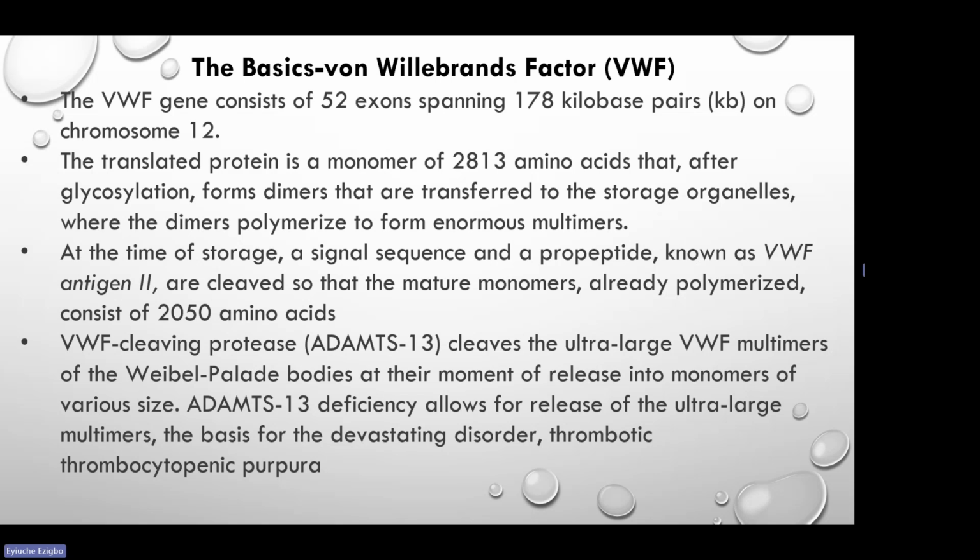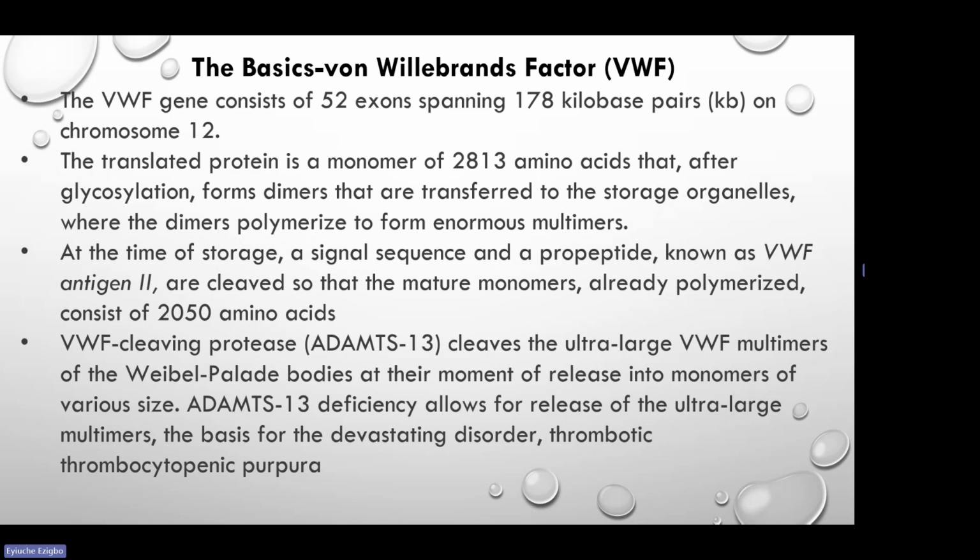So von Willebrand factor cleaving protease cleaves the ultra-large von Willebrand factor multimers of the Weibel-Palade bodies at their moment of release into monomers of various sizes.